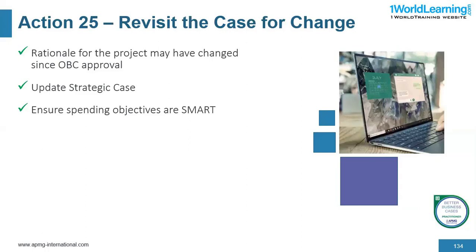So we ensure that the spending objectives have been made SMART for the purpose of post-evaluation and updated to reflect the latest information regarding the rationale, drivers, anticipated outcomes, and benefits for the project. We might want to attach further confirmation of the organization's commissioners and other key stakeholders if applicable. So that is a summary of what we do as a part of action number 25.